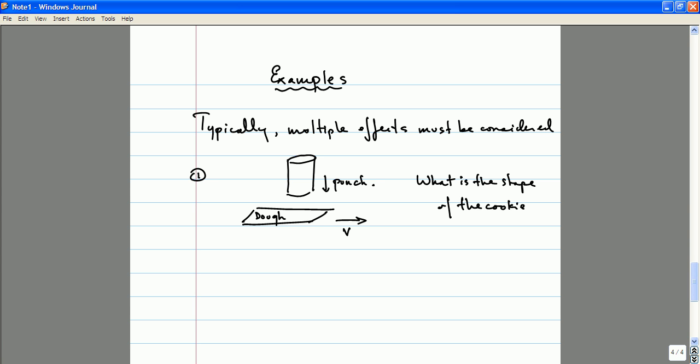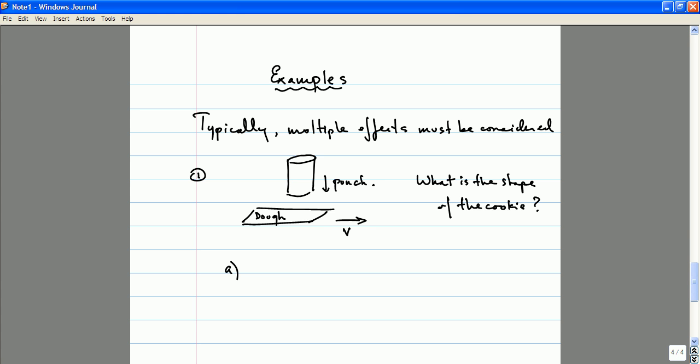Okay. And I'm going to give you two options. Well, first of all, I'm not going to let you say that it's circular. Okay. Because this is special relativity. But there are really two possibilities. So, if you think about this from the point of view of the frame of the puncher, then the dough is going to be length contracted.